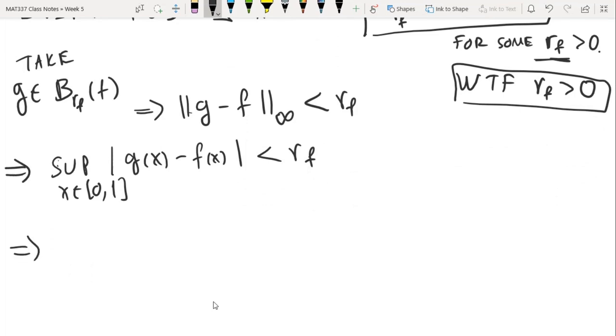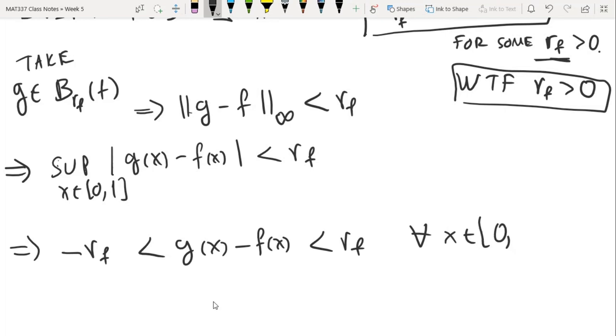In other words, you have minus r f less than g of x minus f of x less than r f for all x in [0, 1]. Is that okay? Any questions?